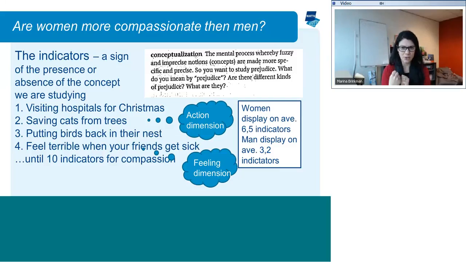identifies an action. So you can say those indicators of compassion together say something about action related to compassion, to showing compassion. On the contrary, number 4, you feel terrible when your friend gets sick, relates more to a feeling dimension. And those dimensions help us measure and capture the diversity in understanding of what a concept might be.